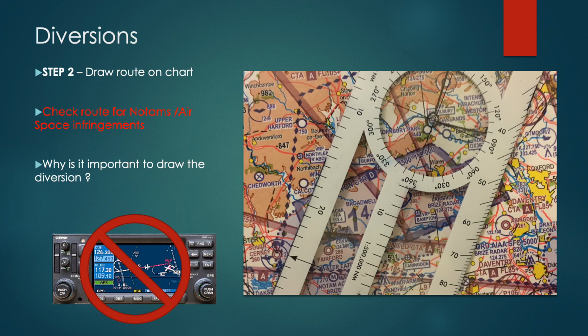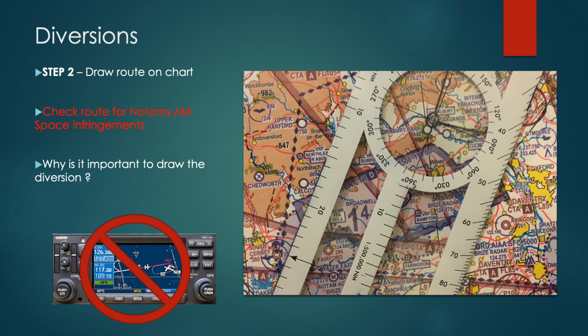Okay, now it's important that we do draw the route on a chart, or if you've got something like Sky Demon, we could do it on something like that, because not only is it going to increase our situational awareness, but what a lot of experienced pilots don't realize is if you use something like the Garmin pictured on the left hand side or GPS function, it's going to draw a direct route from where you are to where you want to go.